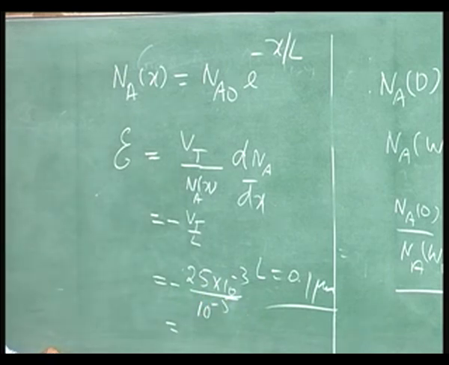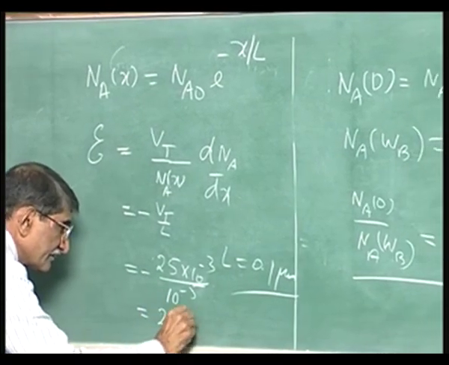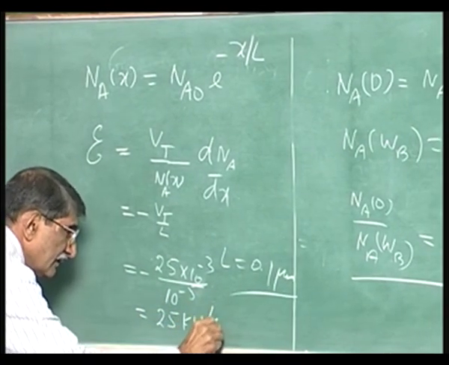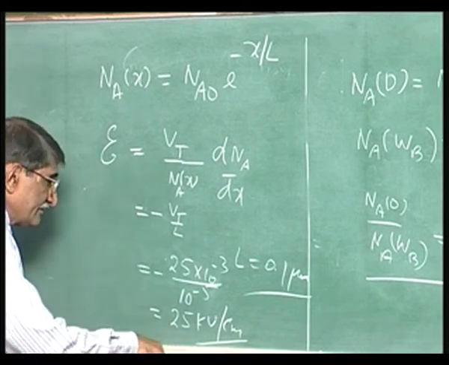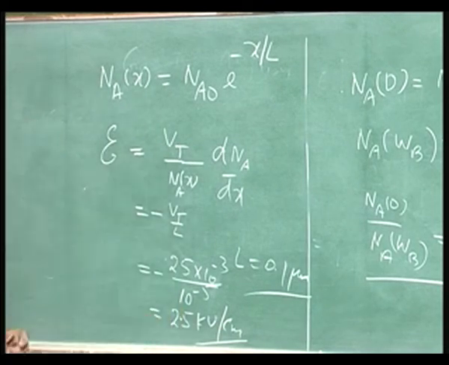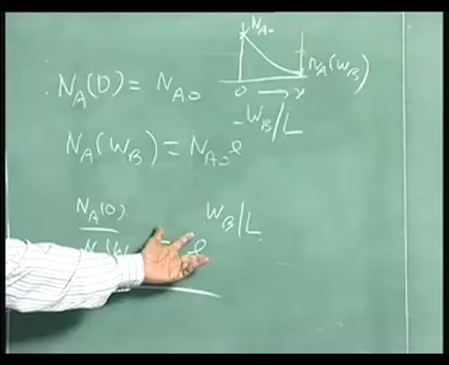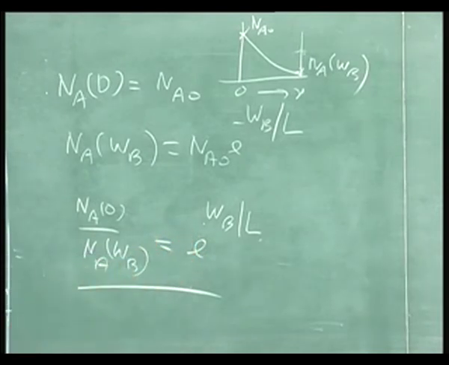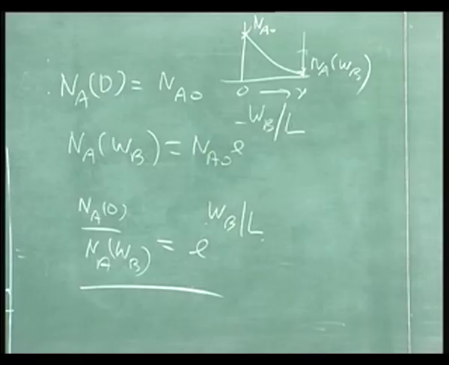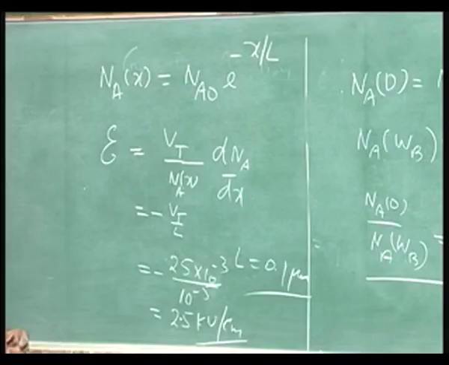How much is that? This is 2.5 kV per centimeter. I just took this example to illustrate that you will have, in the conventional transistor itself, a built-in field of this order. In fact, the factor W by L is called the field factor, which actually decides what is the potential change there due to that electric field.